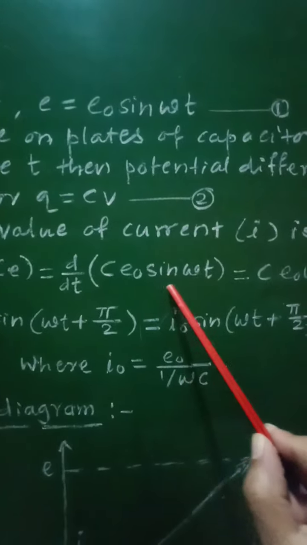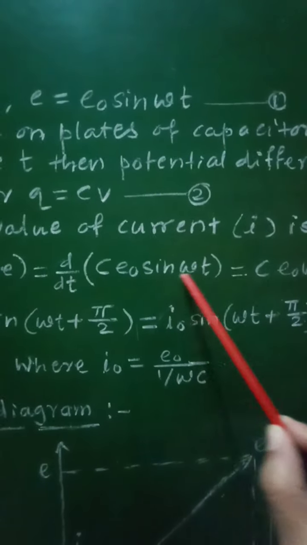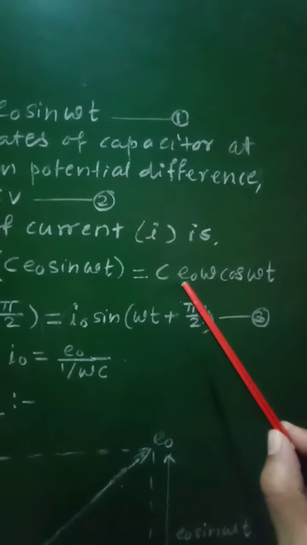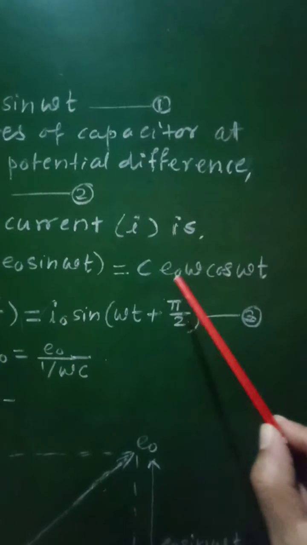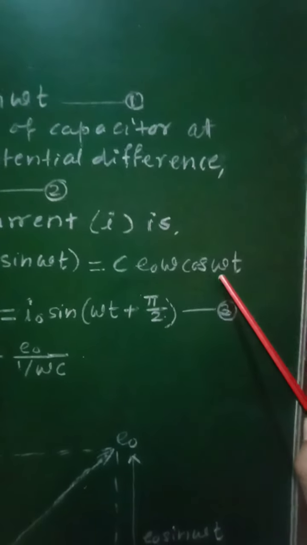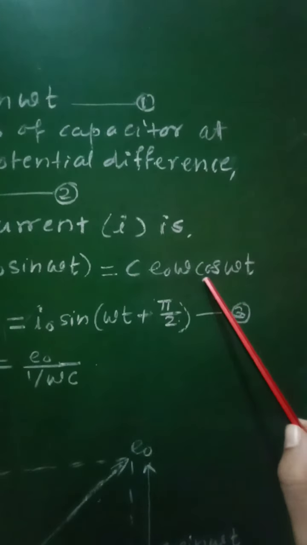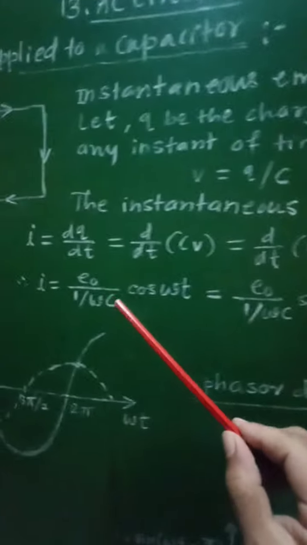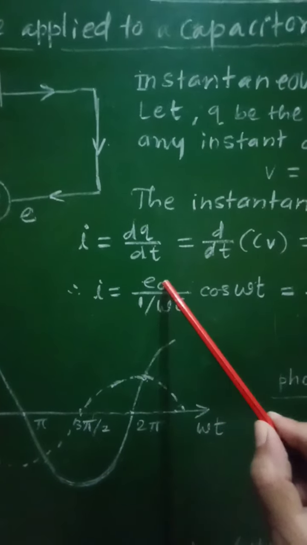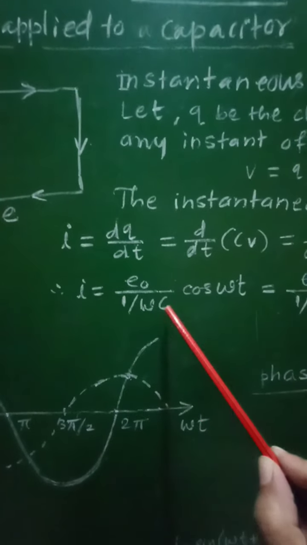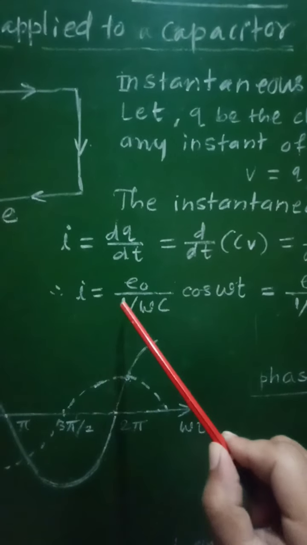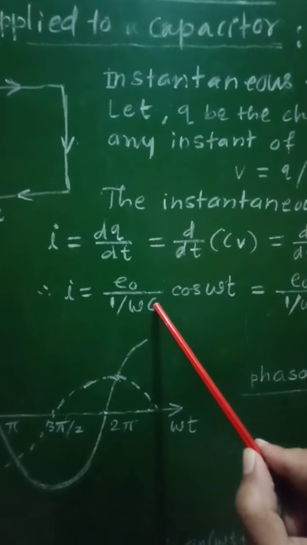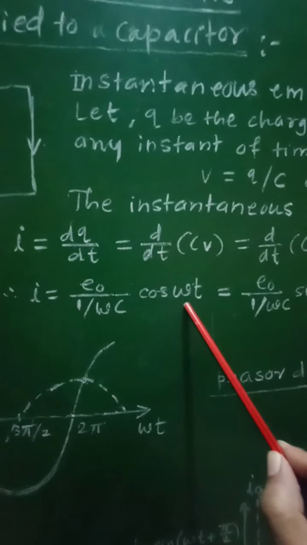The derivative of sin omega t is omega cos omega t, and therefore further we can write C E0 omega cos omega t. Now rearranging the terms, we can write I is equal to E0 upon 1 upon omega C. This is nothing but again E0 omega C cos omega t.